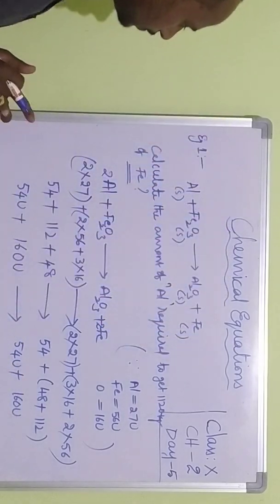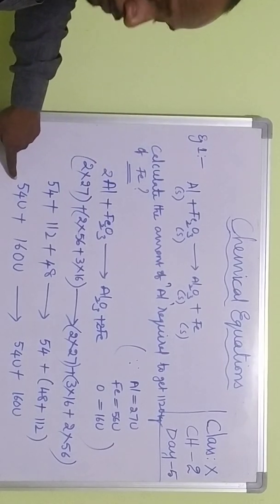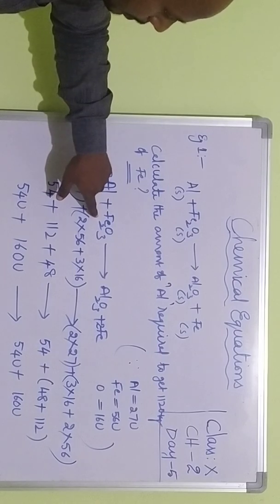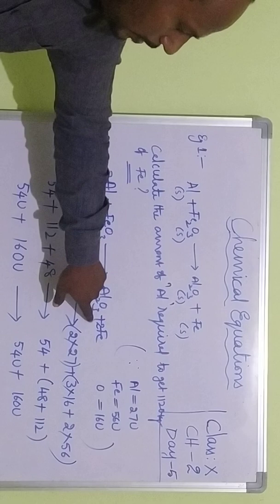Once you observe, two volumes of aluminium react with one volume of Fe2O3, giving one volume of Al2O3 and two volumes of iron.